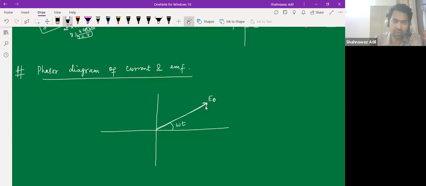This is what we get from the AC supply. Now let's say that you have a current with a different phase, so it has a different angle. Let's say that this has some angle like this. This is the current.